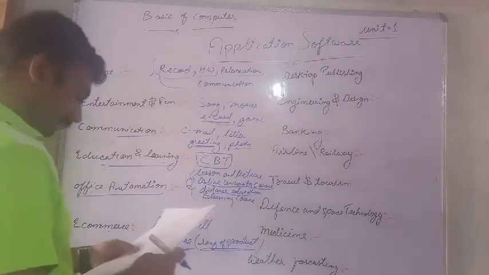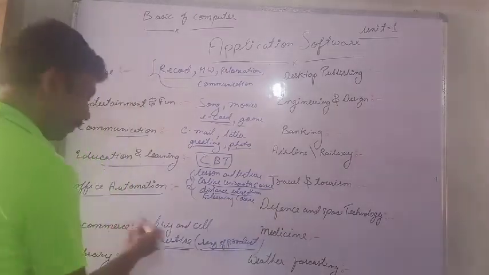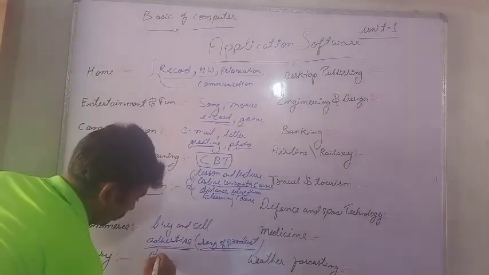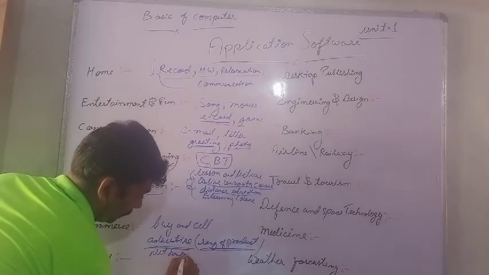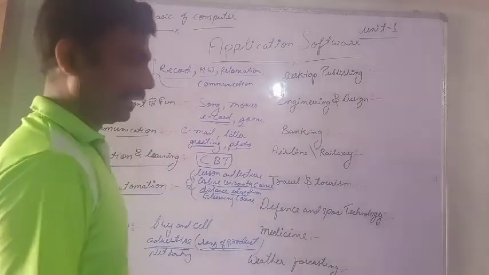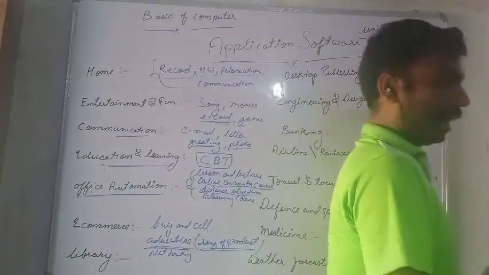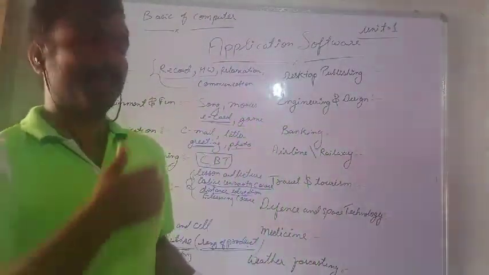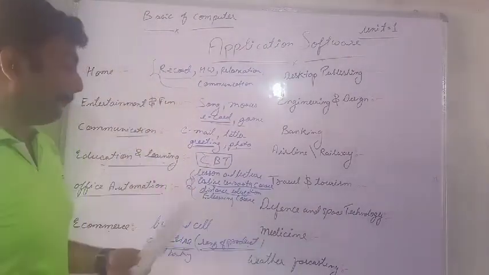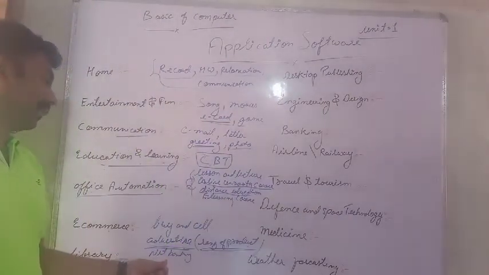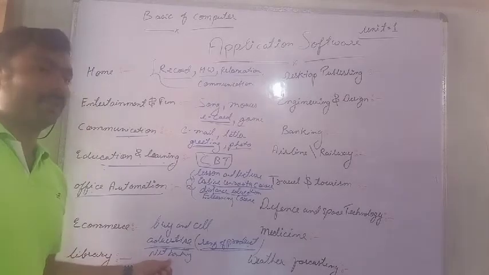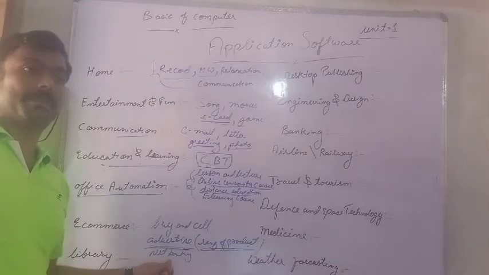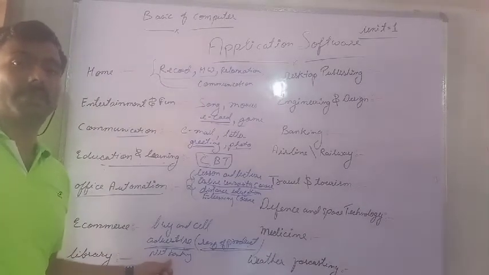Then after that, net banking. E-commerce, of course, net banking. If you are purchasing anything online, how will you pay the money for it if you are getting it at your home? You have to pay with the help of the application which will connect to net banking, and you will be able to purchase that particular product, which will be delivered to you.